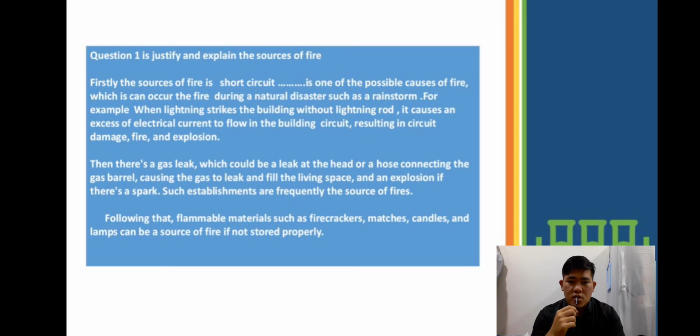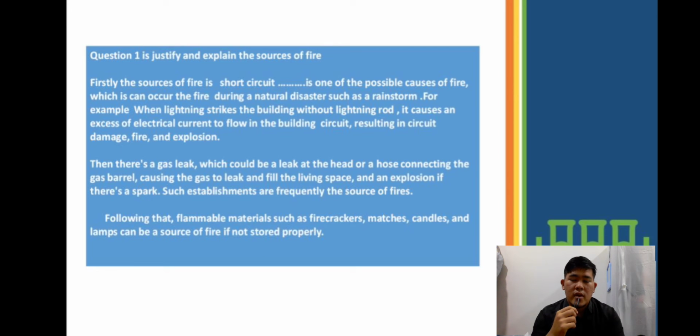Okay, the question 1 is to justify and explain the source of fire. Firstly, the source of fire is short circuit. Short circuit is one of the possible causes of fire, which can occur during a natural disaster such as a rainstorm.